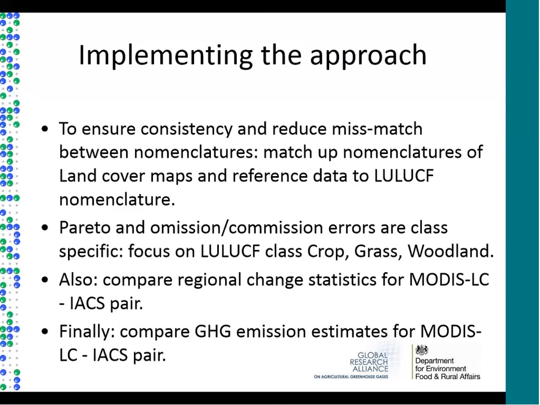And then finally, at the end, we looked at how the greenhouse gas emissions, but specifically just looking at CO2 emissions, were impacted, well, how the CO2 emissions would look when they were estimated from a MODIS land cover product or the Ajax product, and compared the results.